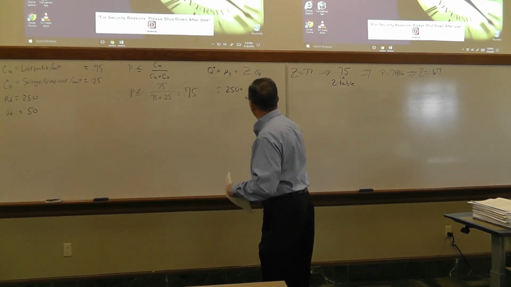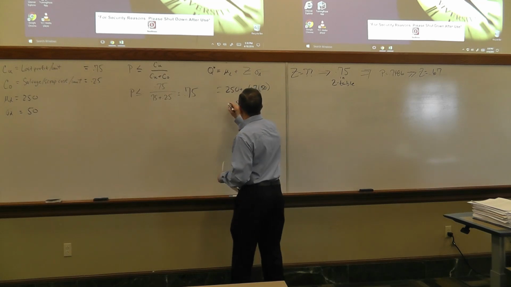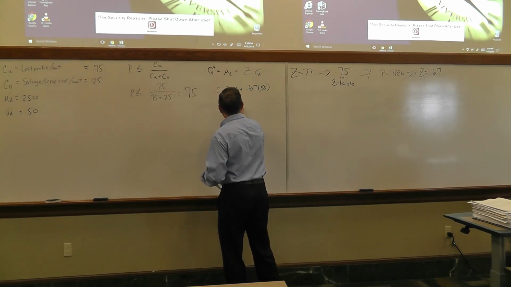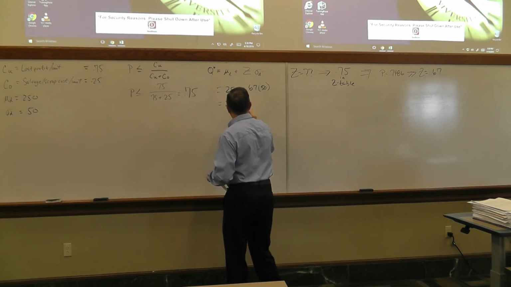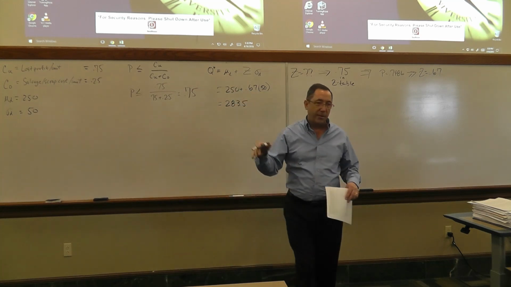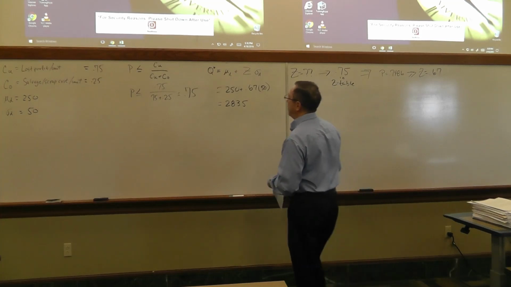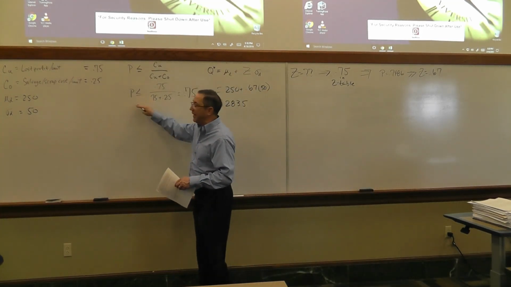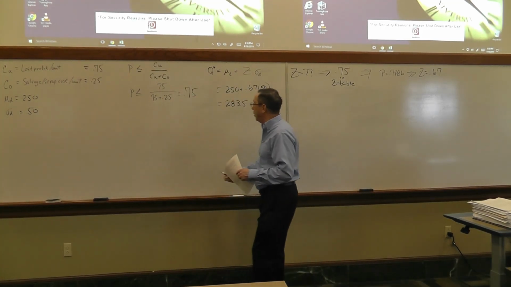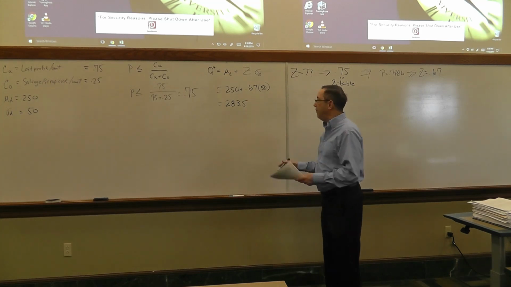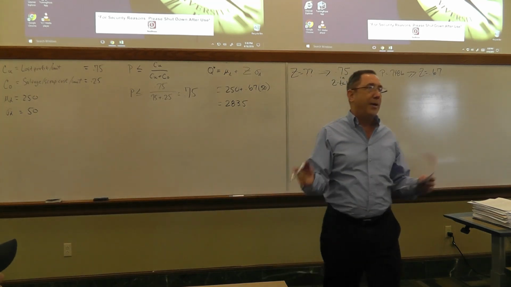Oh no, I left the 0. 283.5. So 284. You round up or round down. Again, this one, we would say round down, because we're trying to keep this less than or equal to, so you'd round that one down. If you gave me 284 or 283, I don't care.